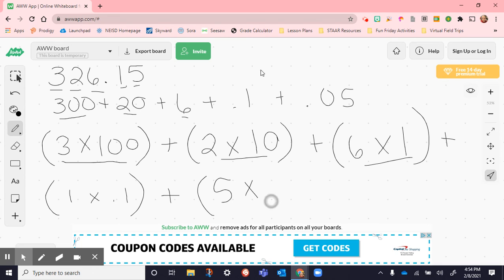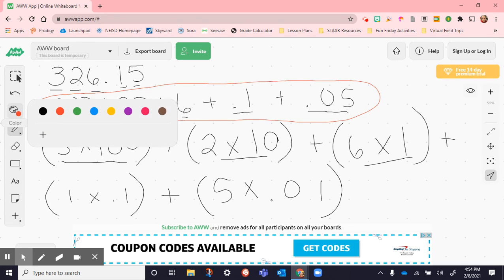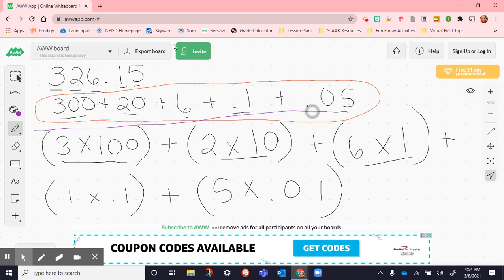Now the 5 is in the hundredths place, so 5 times 0.01 is going to give me the 0.05 that I need. So this part right here in red is your expanded form. And this part right here in purple is your expanded notation. Okay, so expanded form and expanded notation.